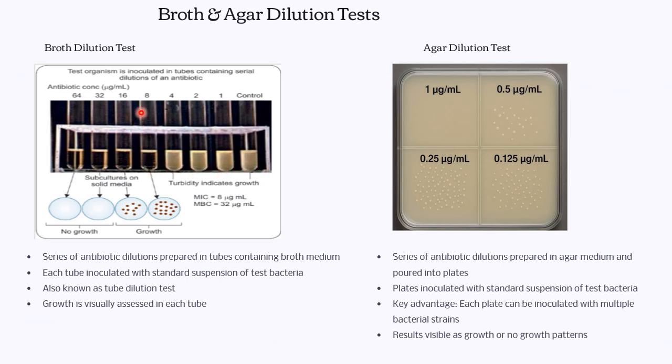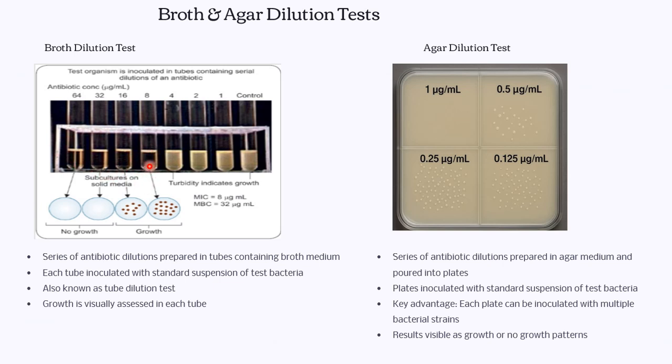In the test tubes containing 8, 16, 32 and 64 micrograms, there is no visual turbidity. But there may be a minute amount of microbial growth that does not appear turbid.